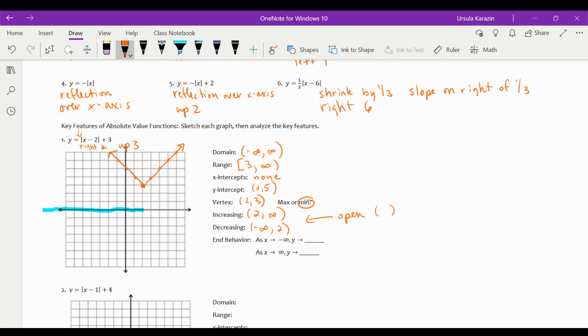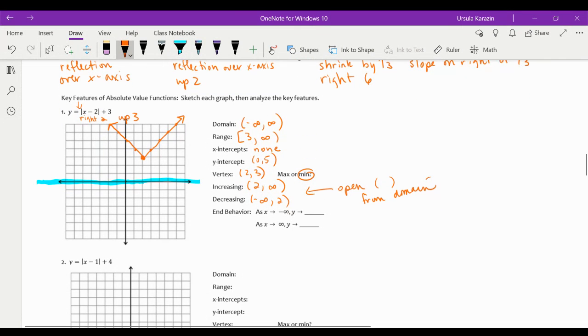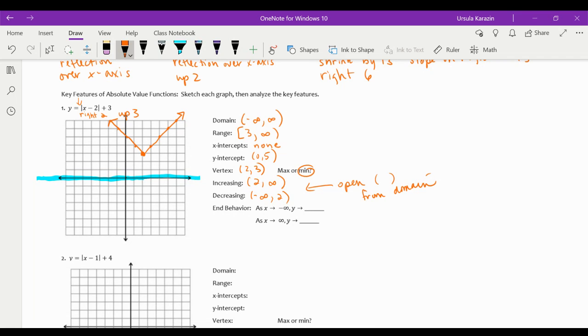And it stops decreasing and starts increasing when you get to the vertex. But that's all from the domain. Because we're walking along, when I do this highlighter here, I'm walking along the ground, which is the x. All right, now the end behavior, all the way to the left, y is going up forever, and on the right, it's still going up forever.